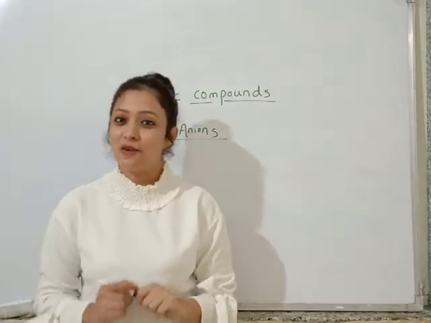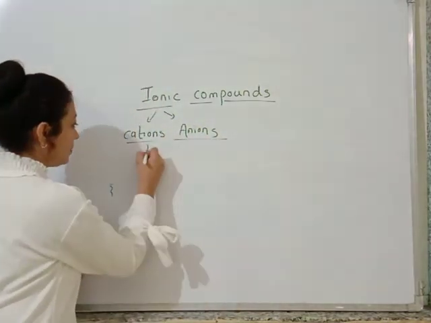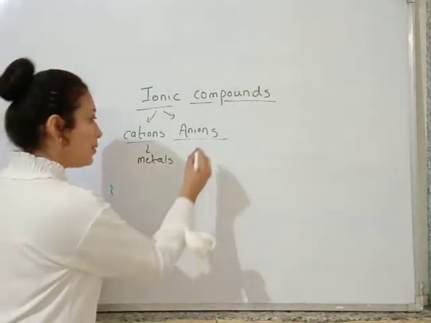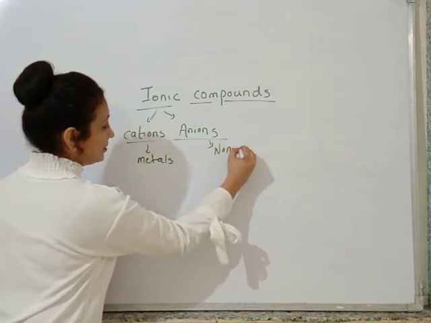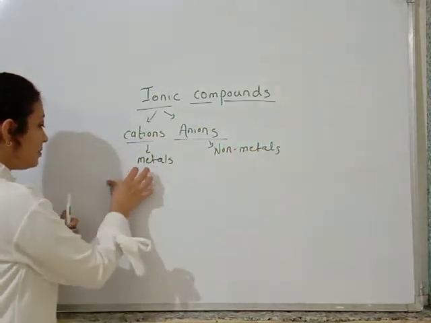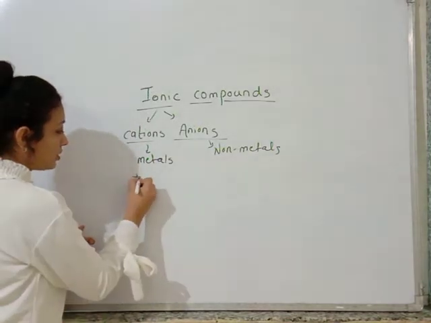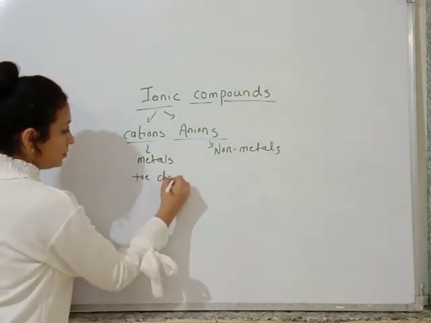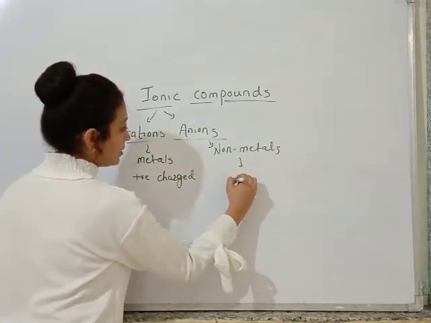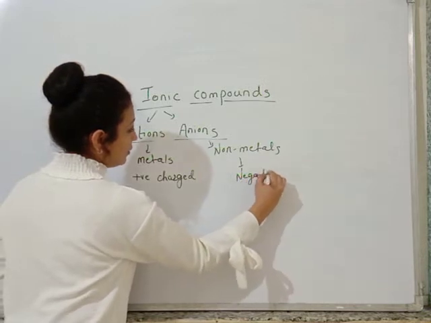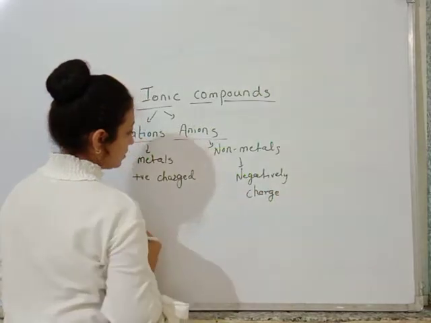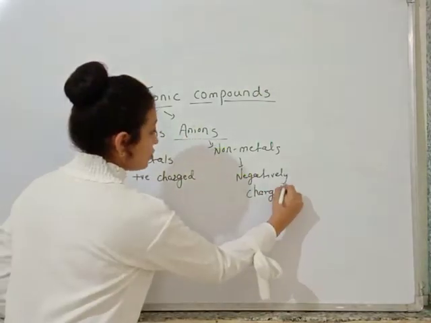So cations are formed by metals, and anions are formed by non-metals. Cation means a positively charged atom, and anion means a negatively charged atom.